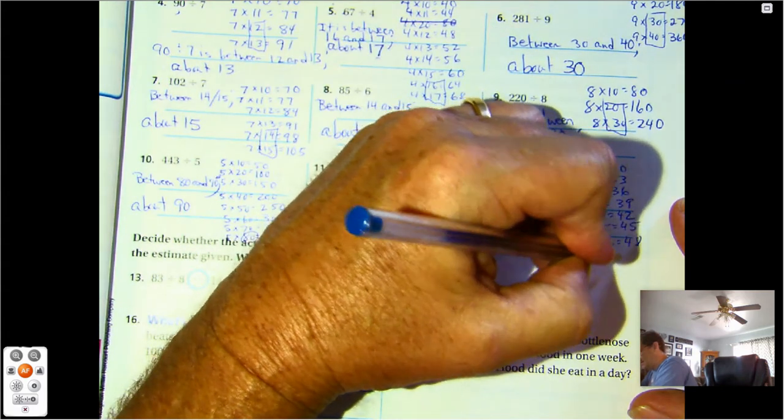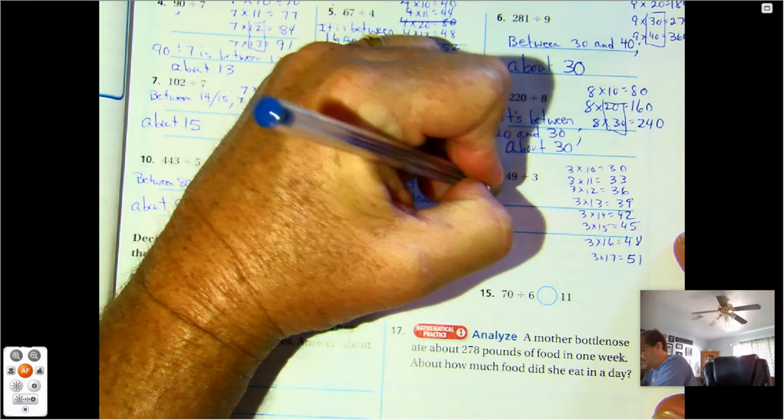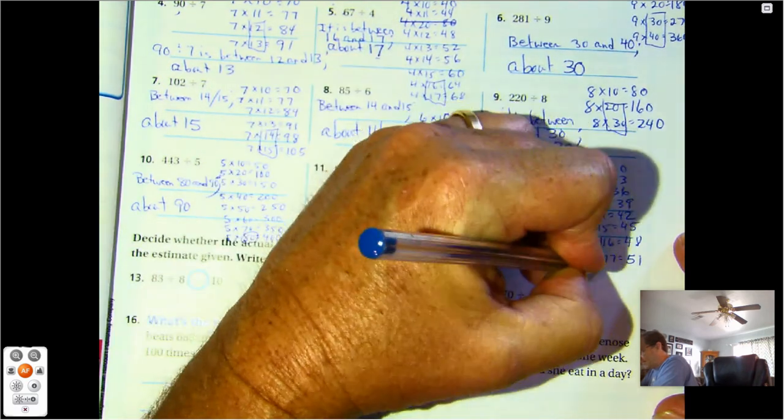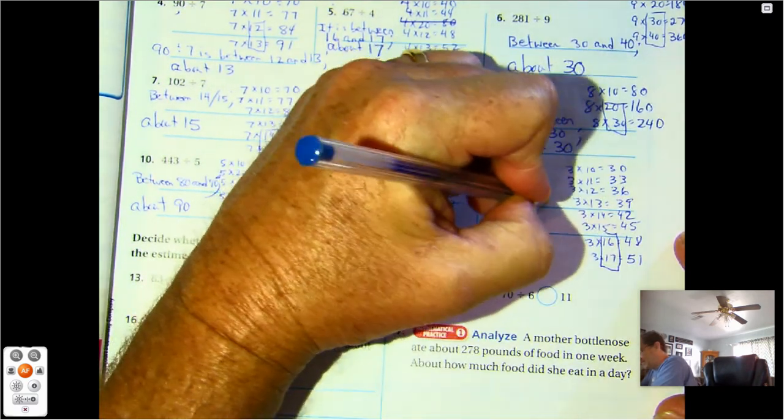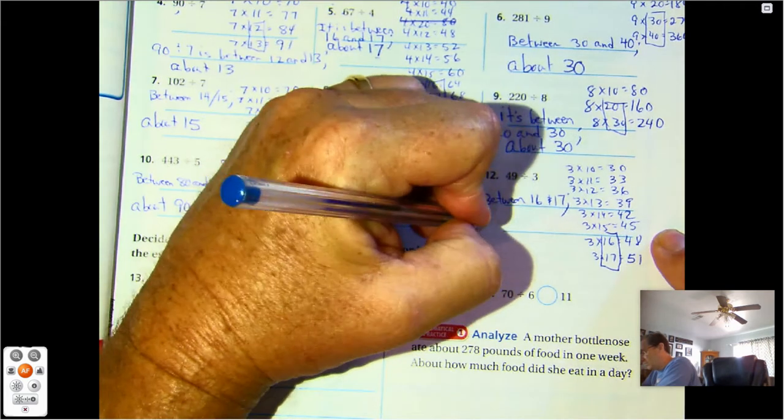Okay, so it's between 16 and 17. And which one is it closer to? 49 is closer to 48. So we're going to say our estimate's about 16.